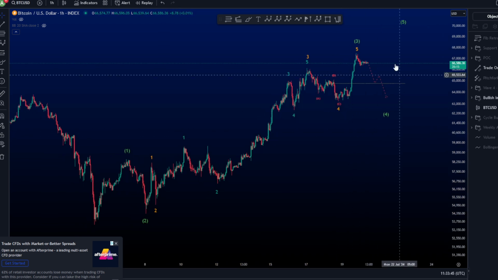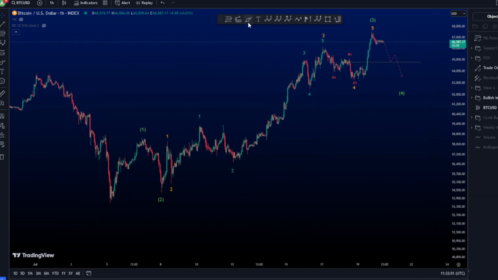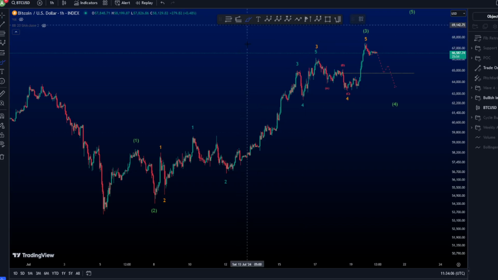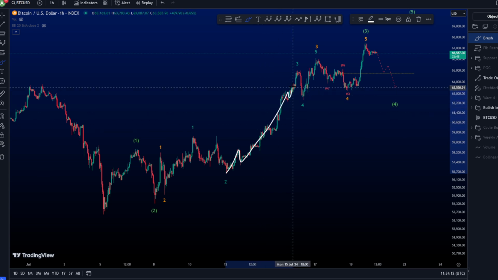Now, to be much more precise, I went deeper into this impulse, and I saw in the count that I can see 3 impulses. I'm going to start with the smallest one, which I actually didn't put here. So we see 1, 2, 3, 4, 5.